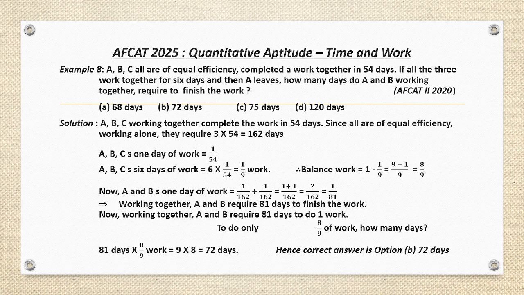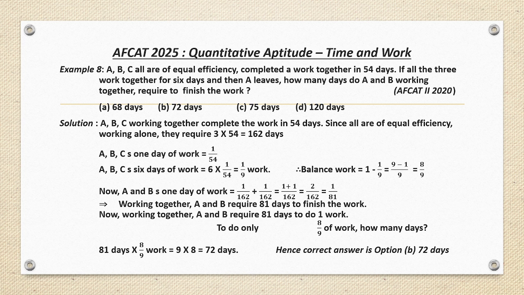Okay, that is the situation. How many days do A and B working together require to finish the work? Right. Here, instead of A leaves, let us assume it is C leaves. It is a typing mistake.